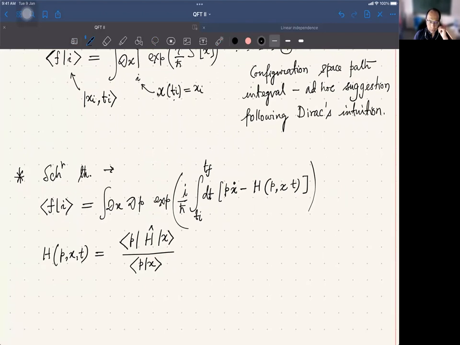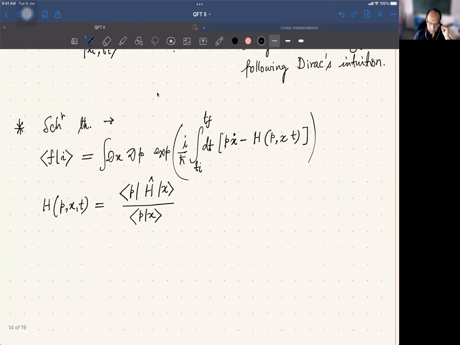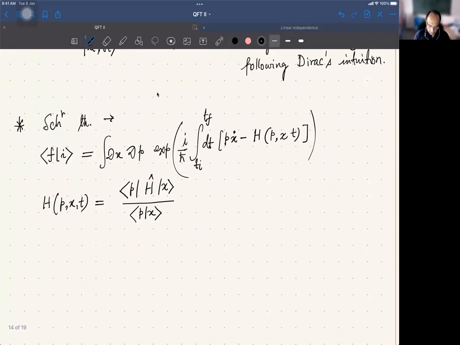And in both the cases, the path integral measure is proportional to the product over, say, i equals 1 to n minus 1 of dxi, and dp is proportional to the product over i equals 0 to n minus 1 of dpi.